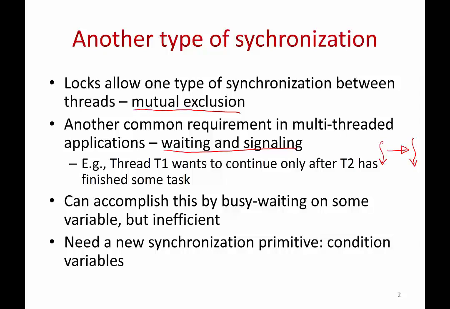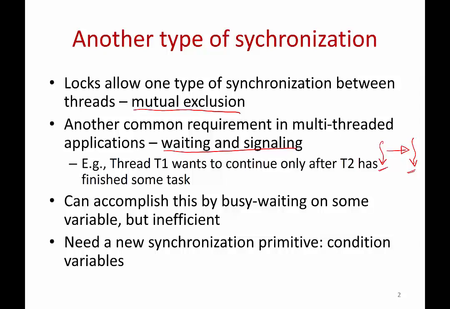So for such kind of synchronization, we need another technique, right? So you could of course simply do busy waiting, right? This thread could set some variable after it's done, and this thread could simply just busily wait on that variable, but that is very inefficient.